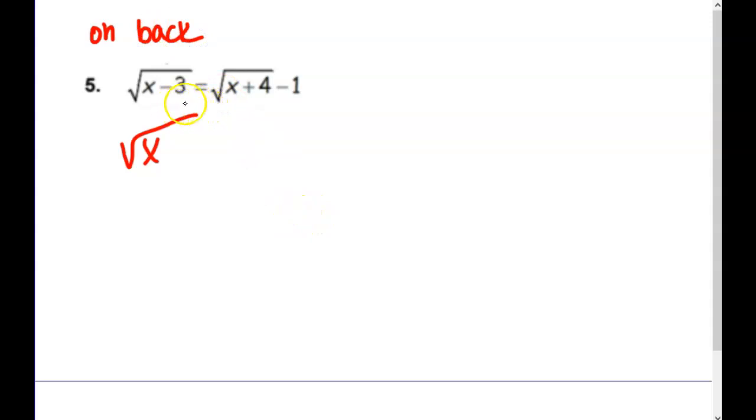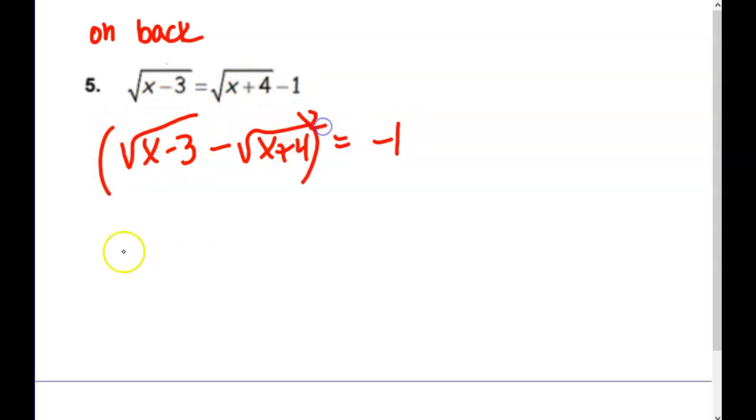All right, don't write this part down that I'm going to write right here. If you moved this radical over to the other side, does everybody see what I did? I subtracted, so I had both the radicals on the same side, and I tried to square. This is what I would have.